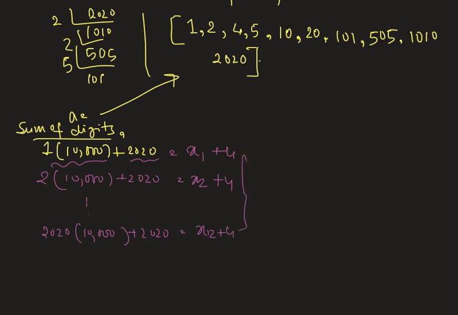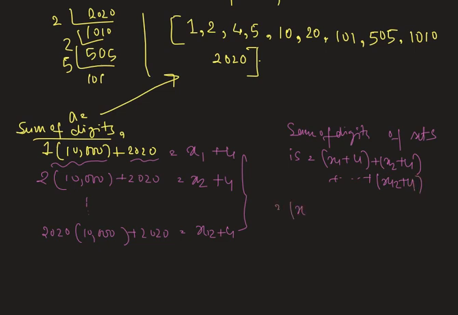Therefore in total the sum of digits is x1 plus 4 plus x2 plus 4 up to x12 plus 4, and we can write it as x1 plus through x12 plus 4 times 12.